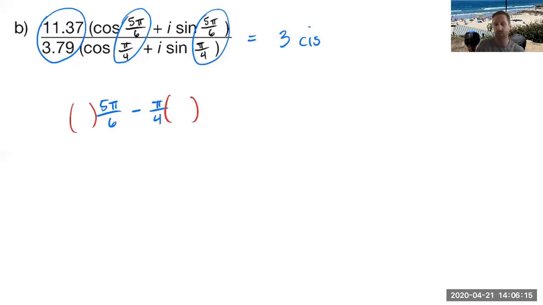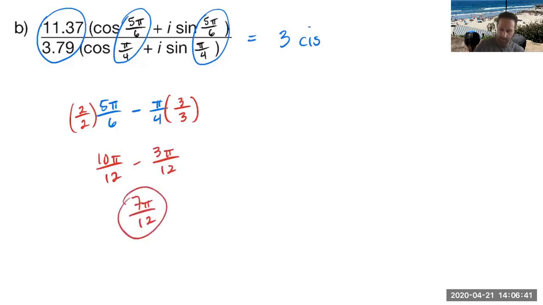So between 6 and 4, you can always multiply by each other to get the common denominator, but I'd rather just get the least common denominator, and I know 4 and 6 can multiply to be 12. So I'll multiply by a 2 over 2 to get 10 pi over 12 here, and then 3 pi over 12 here to give me a total of 7 pi over 12. So that would be the next part that would go in there.